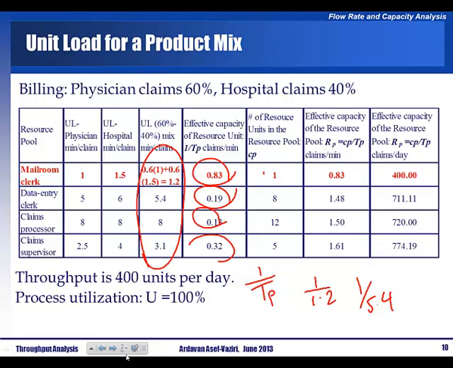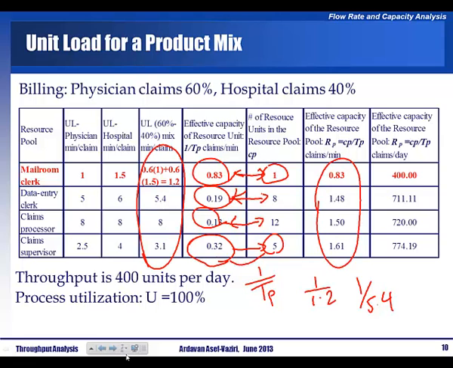In this resource pool, I have only 1 resource unit. In this one, I have 8 resource units. In this one, I have 12 resource units. In this one, I have 5 resource units. If I multiply effective capacity by the number of resource units, I will get the capacity of the resource pool per minute.